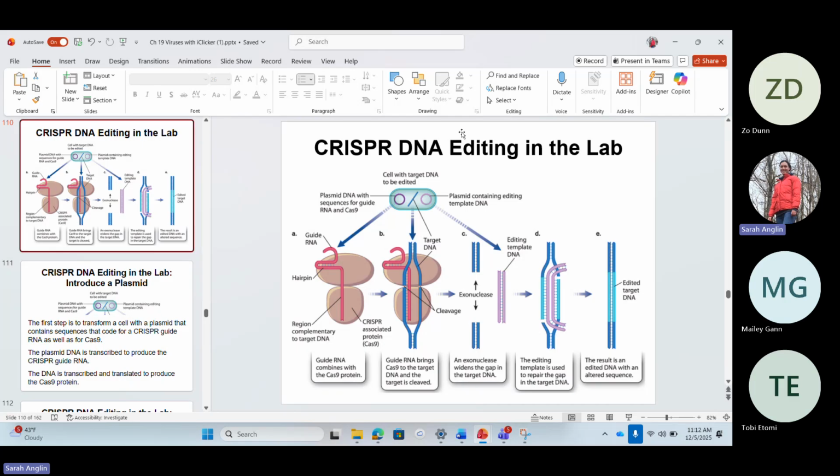Okay, so it works because within that bacterial cell is a gene that codes for the protein Cas9. Cas9 interacts with RNA that is produced from the viral genome snippet that's now inside of that DNA. So what scientists do is they can make a DNA plasmid.